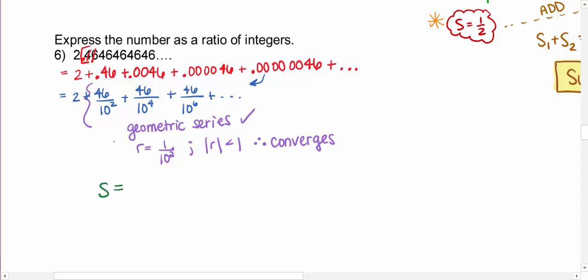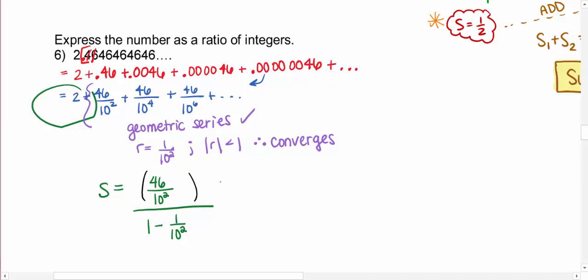So here we go. The sum will be, and don't let me forget to add 2 onto this in the end, the first term, which was that 0.46, or 46 over 10 squared, over 1 minus the common ratio, 1 minus 1 over 10 squared.